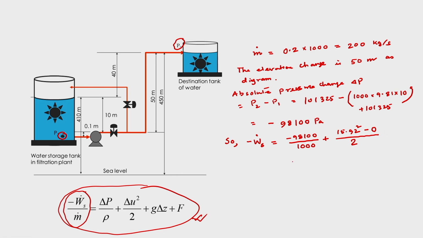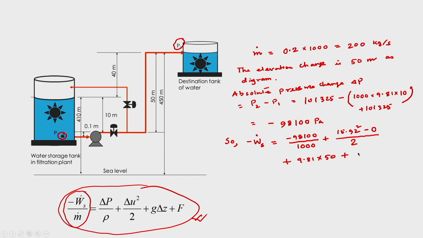Then plus the potential energy term: g is 9.81 into delta Z, the elevation change of 50 meter, plus the frictional loss.